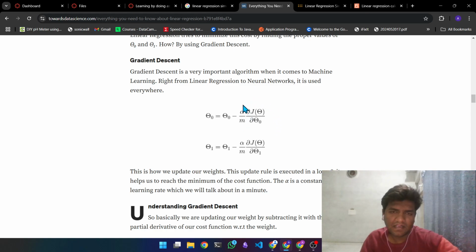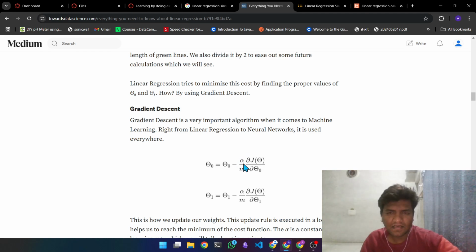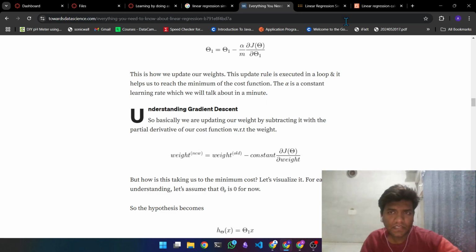And then we take the derivative of the cost function with respect to theta 0. Alpha is the learning rate. It is a scalar factor by which the step gets scaled, or changed. I'll show you in the simulation part.